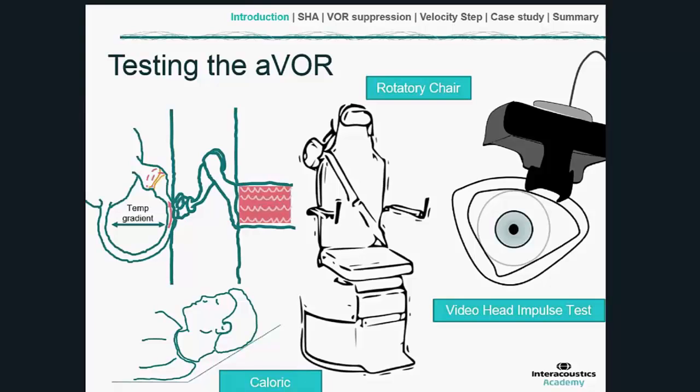For example, anatomical differences between the ears or from one patient to another can mean that we have an unknown calibration error. Whereas in the rotary chair, we spin the patient and their head is firmly attached to the chair, so the head rotation and the chair rotation are stable and finely correlated.